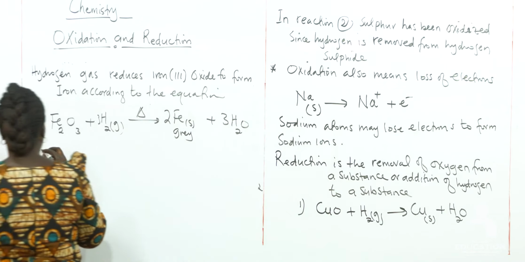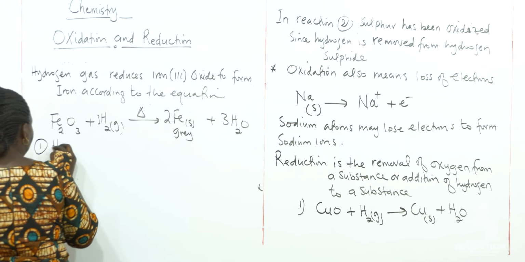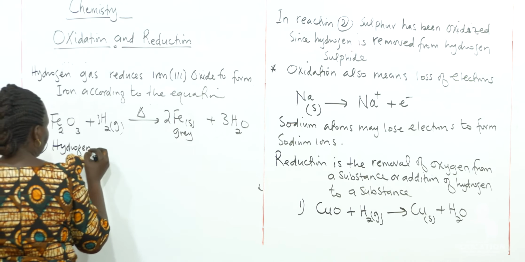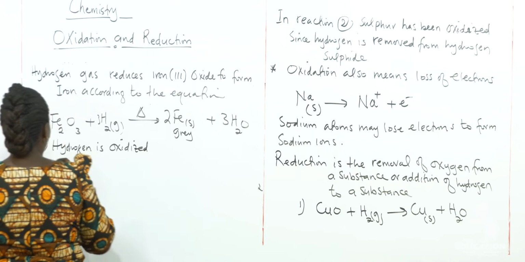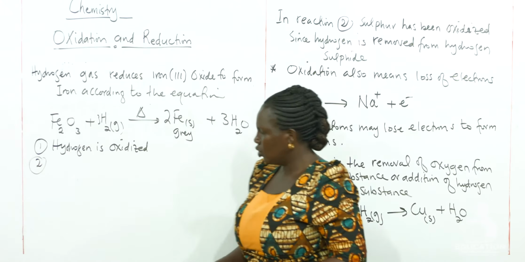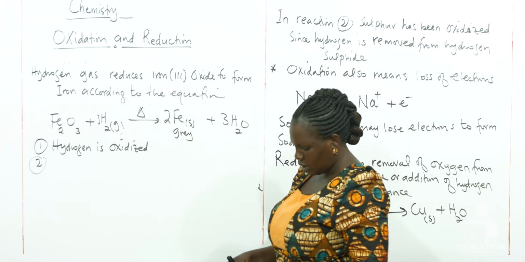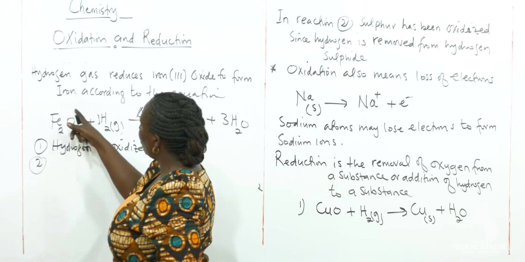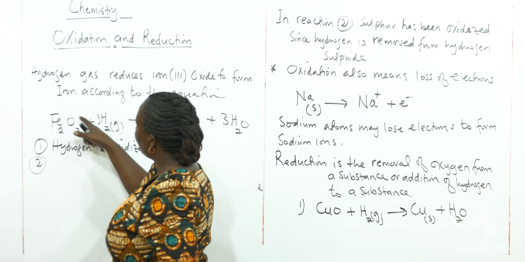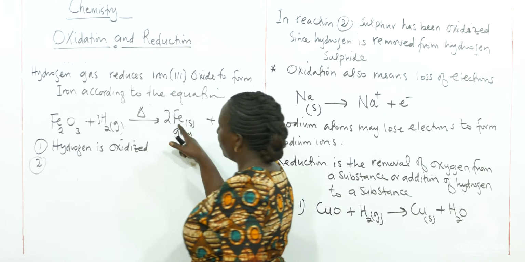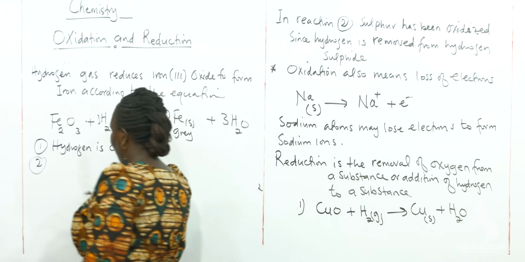Then iron is reduced, because oxygen is removed from iron 3 oxide to give us iron metal.